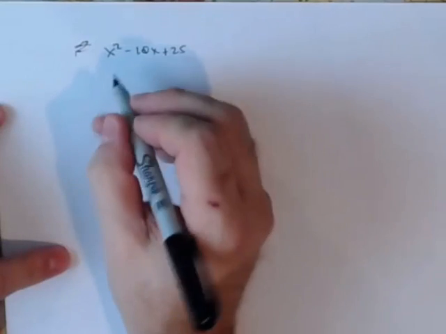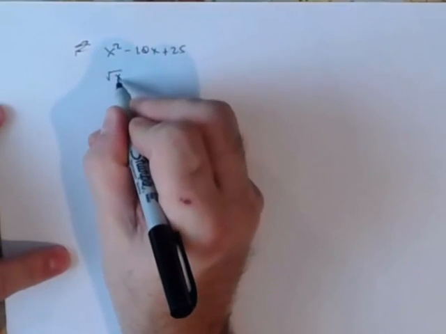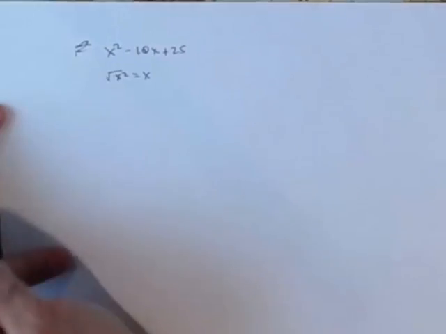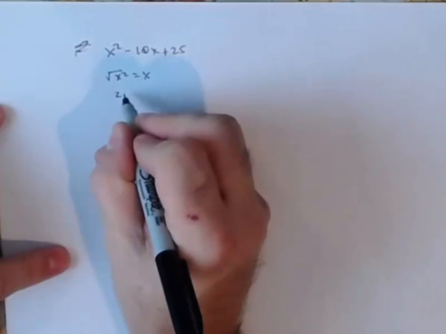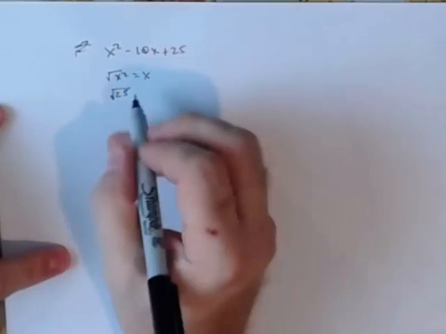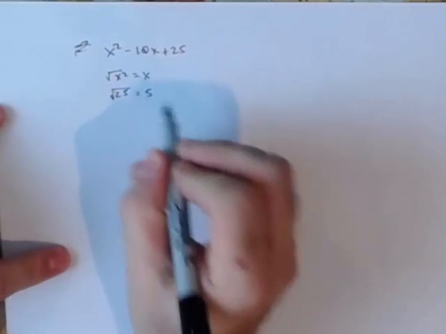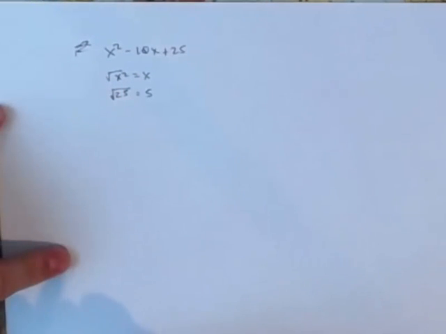In this case yes, because the square root of x squared is equal to x. Now we look at the last term, 25. Is 25 a perfect square? Yes, because the square root of 25 is 5. It's an integer. So both the first term and the last term are perfect squares, and this still has the possibility of being a trinomial square.